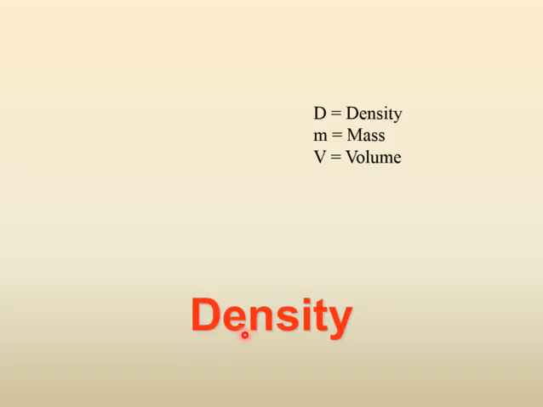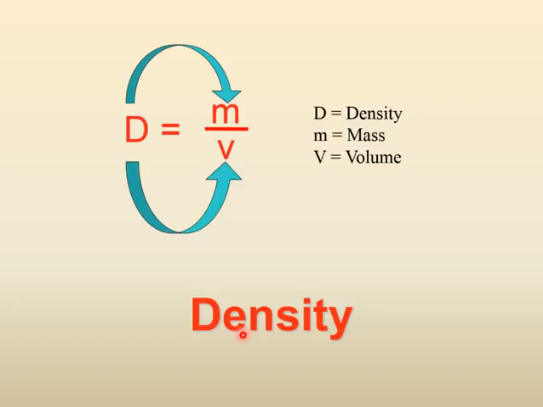Now, how do direct proportionality and inverse proportionality work with us in chemistry? One main example is density. If you remember density, we have density is equal to mass divided by volume. Okay? Density is going to have a direct relationship with mass and an inverse relationship with volume.